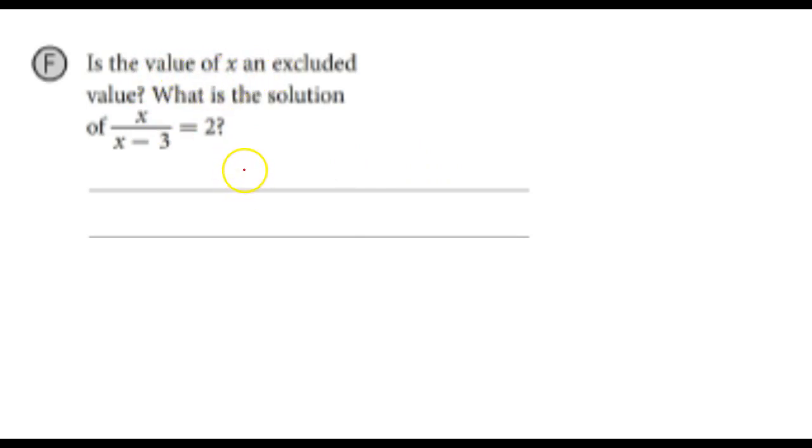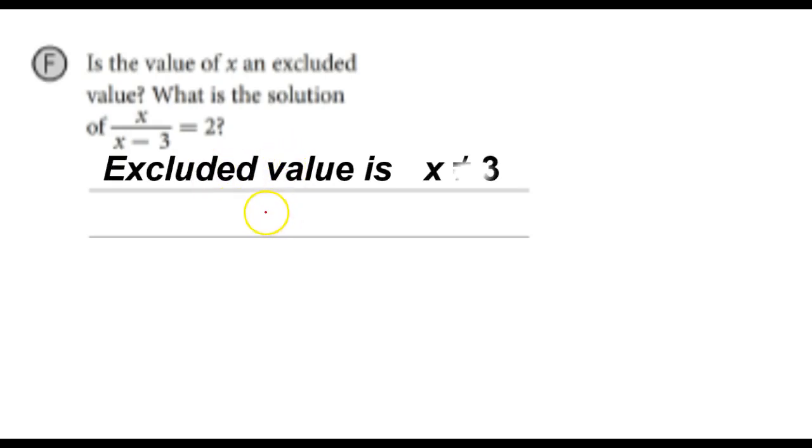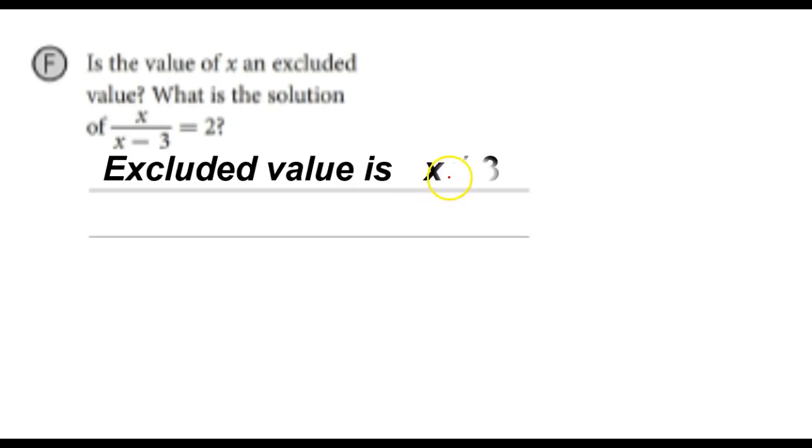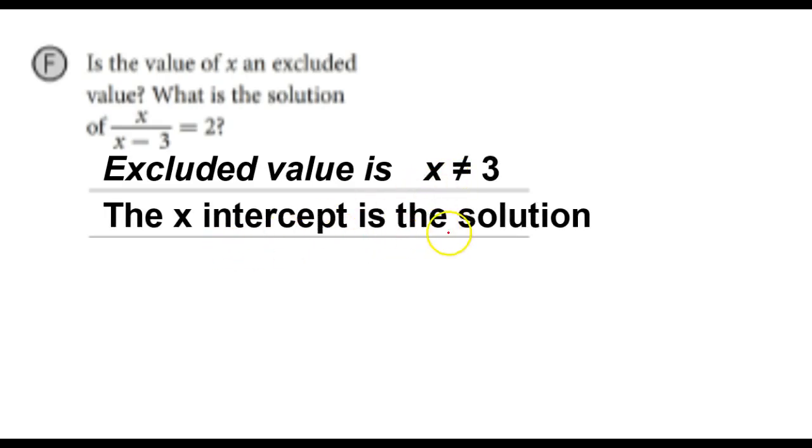Well, we found out that the excluded value was x cannot be 3. So our solution there was 6 and not 3. So I think we're good there. And the x-intercept is going to be our solution, which was 6, 0.